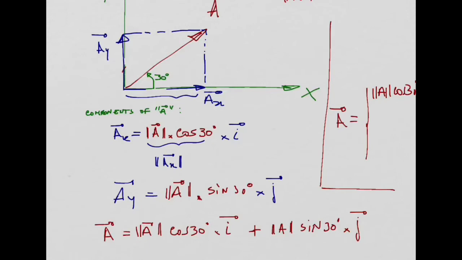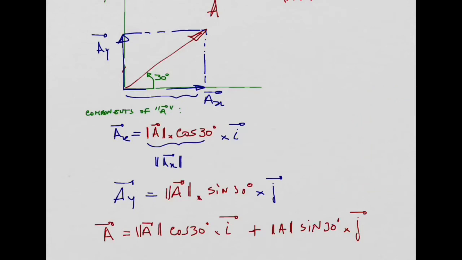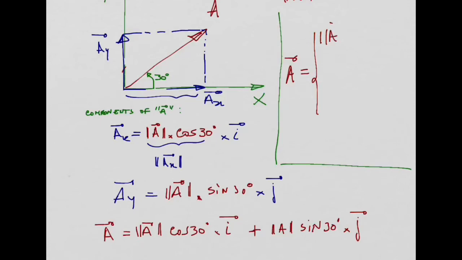Let me try to get some more space. So what I was saying is that I can now say that my vector A in matricial notation is going to be equal to norm of A cosine of 30 degrees, norm of A sine of 30 degrees, right?